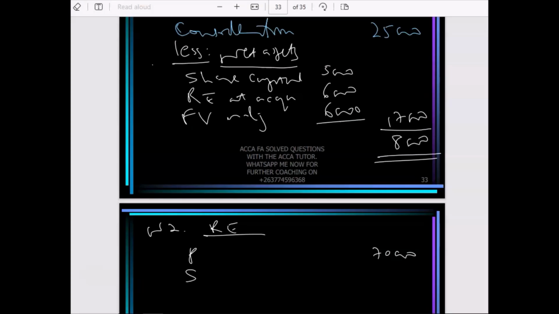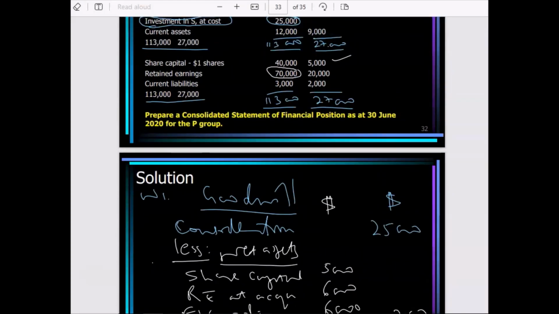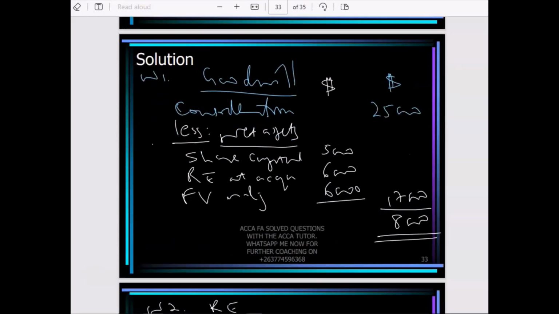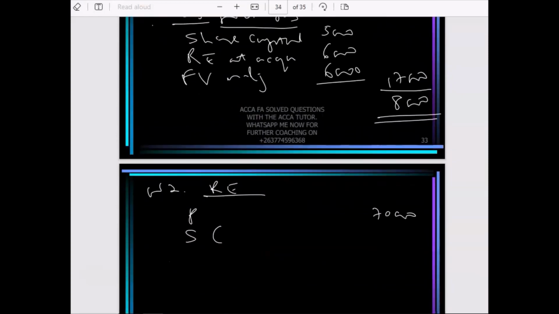For the subsidiary, we just need the post-acquisition retained earnings. We're not going to take the full 20,000 here, because when we acquired this sub, it had its own profits.